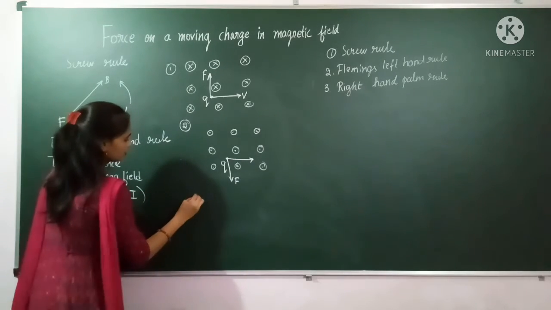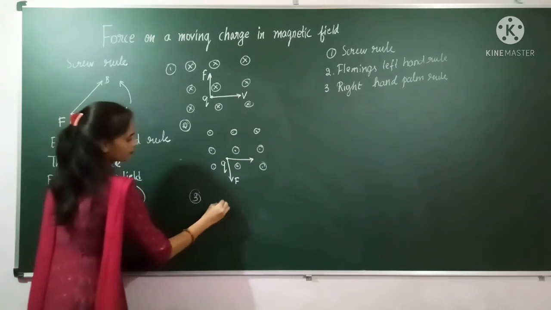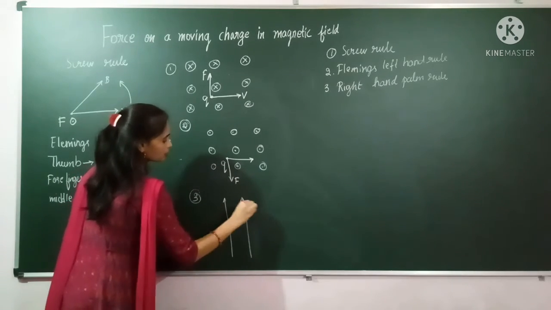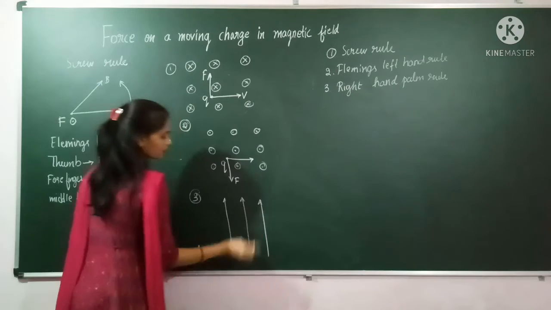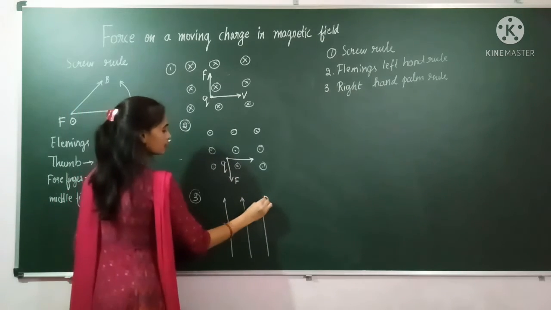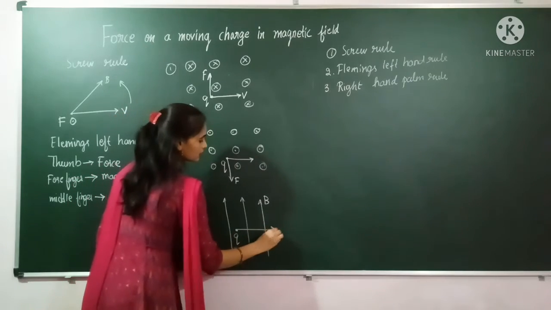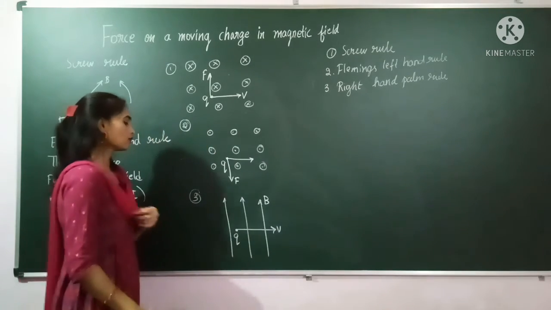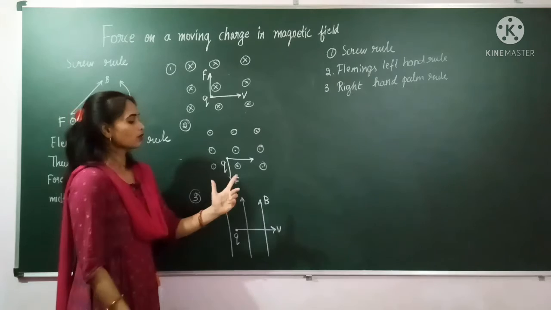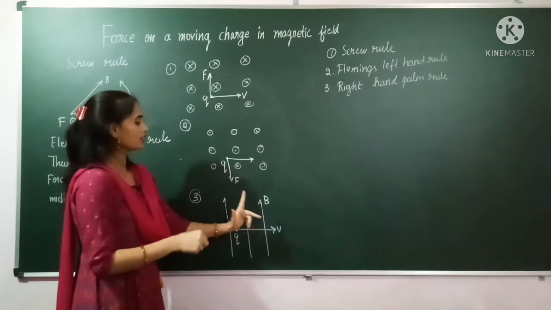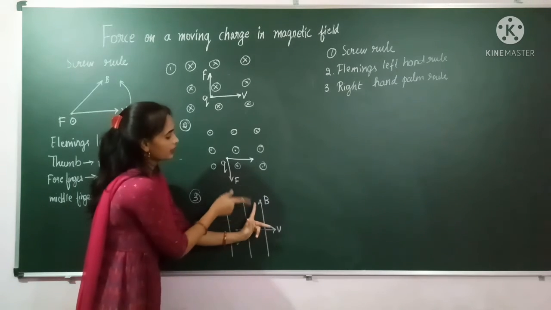And next, third case. If this is the direction of the magnetic field, meaning in this direction the magnetic field is present, and this is our charge q which is moving like this with velocity v, then what will be the direction of force? First you have to take your forefinger and place it in the direction of the magnetic field.